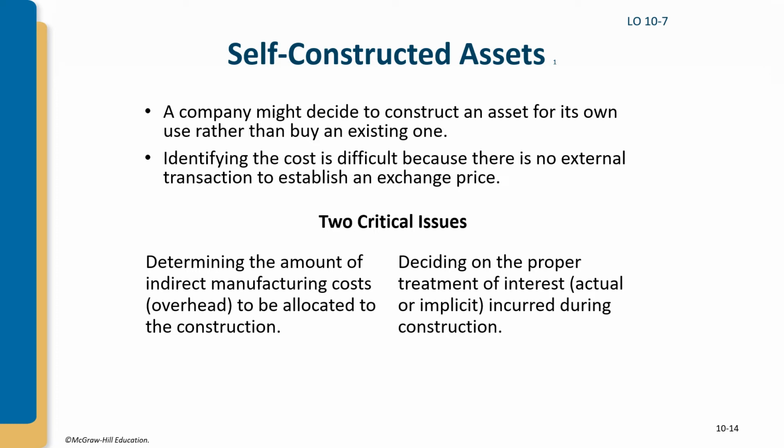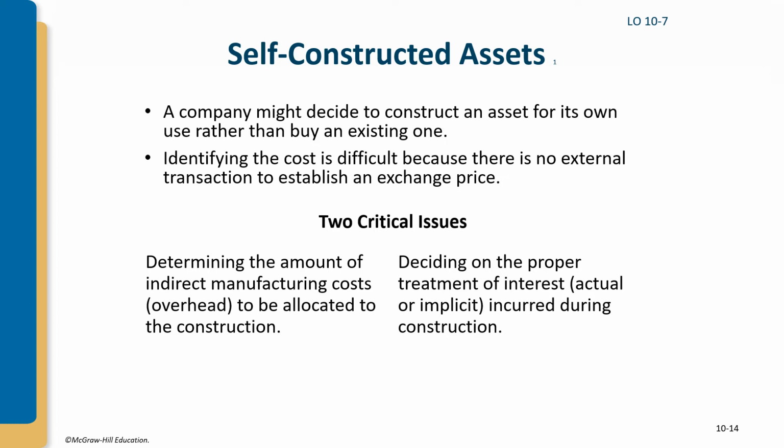Now, why is that a big deal? Most companies take a construction loan to build facilities, buildings, warehouses, whatever, their offices. While they're in the construction phase, we're still getting that asset ready for its first use. So it becomes a question of, should we show all the interest that we pay during construction as part of the cost of the building?